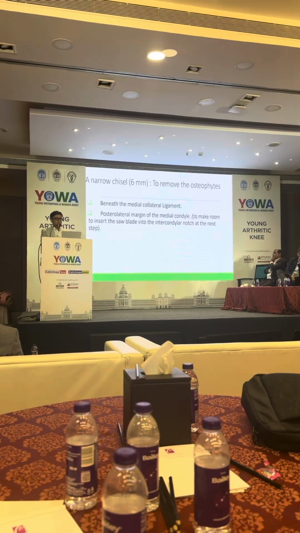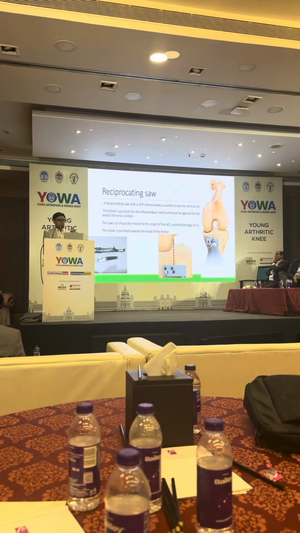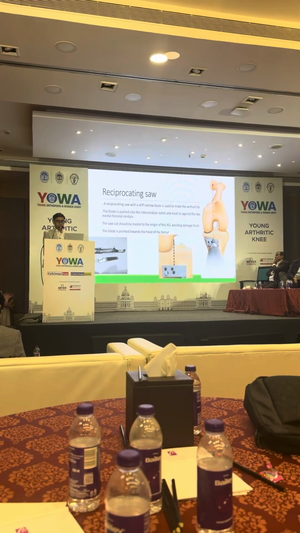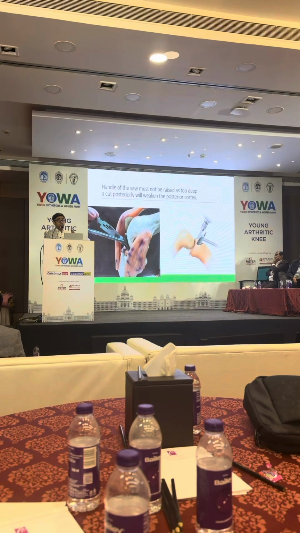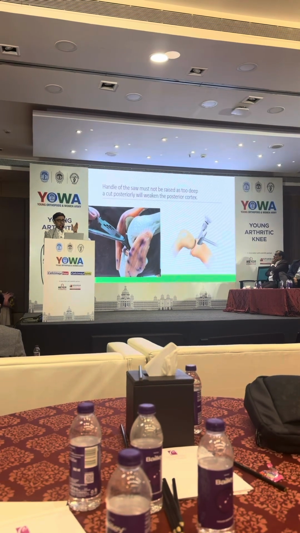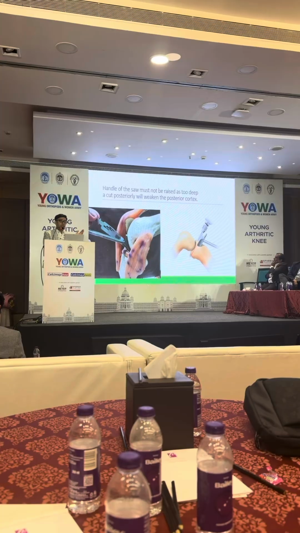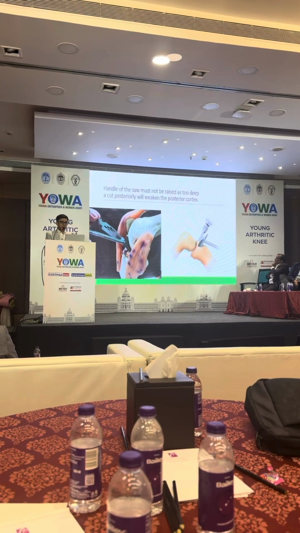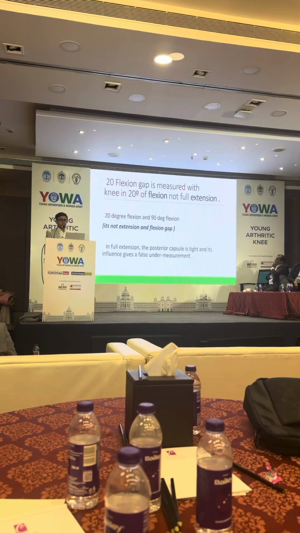A narrow chisel is required, and small C retractors. Use a reciprocating saw just lateral to the middle of the tibial eminence, and you should not lift the saw in the conventional technique, as it will cut the posterior tibial plateau. You should not cause fractures of the posterior tibial plateau in the conventional technique, which was discussed before, and not in full extension.